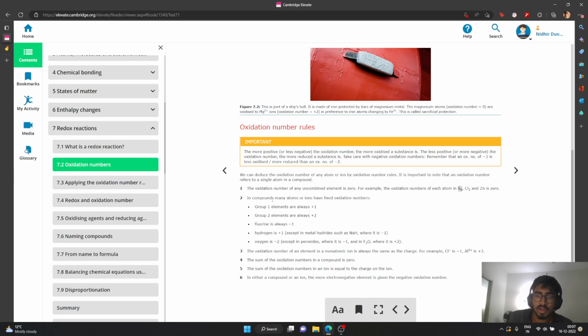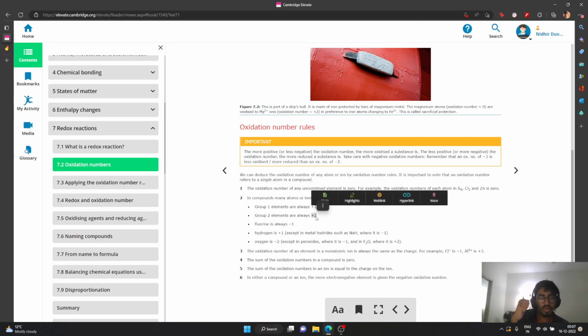Okay, fair enough. Second, some elements, some atoms, some ions have a fixed oxidation number. Fluorine will always be -1, oxygen will always be -2, hydrogen will always be +1, group 1 are always +1, group 2 are always +2. So remember them.